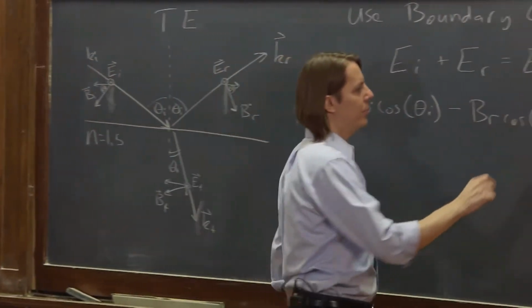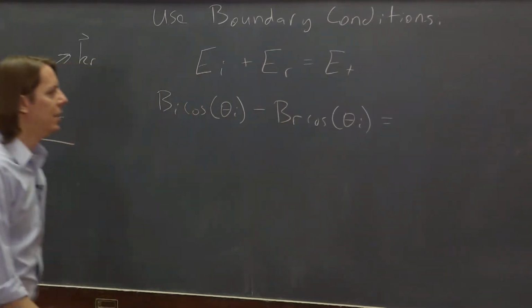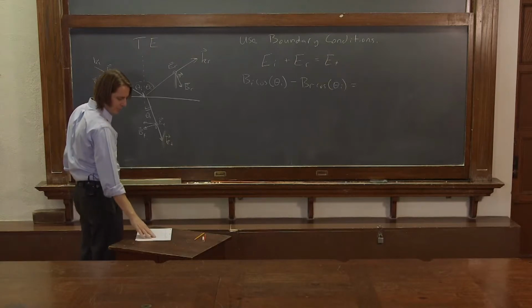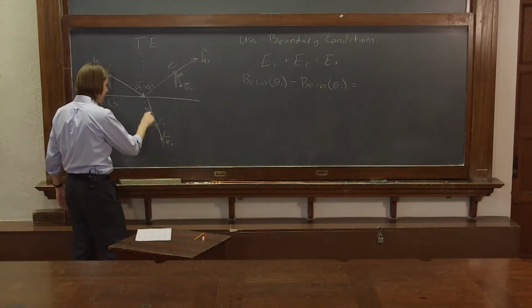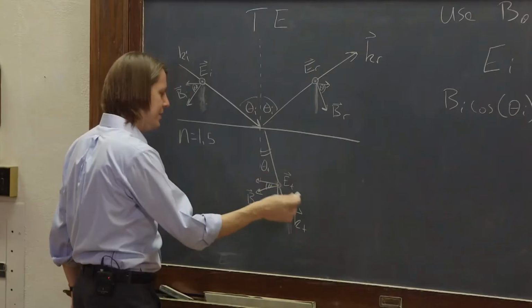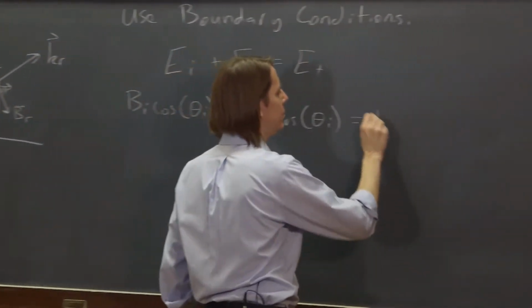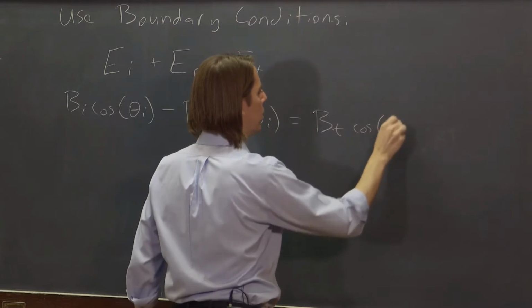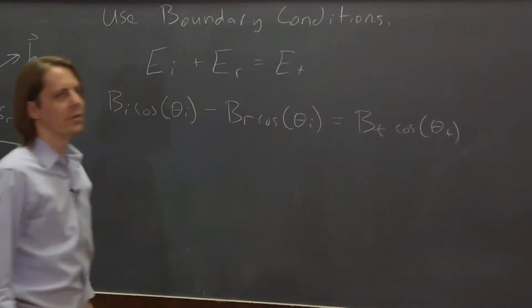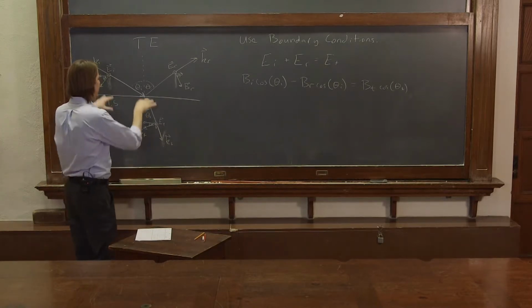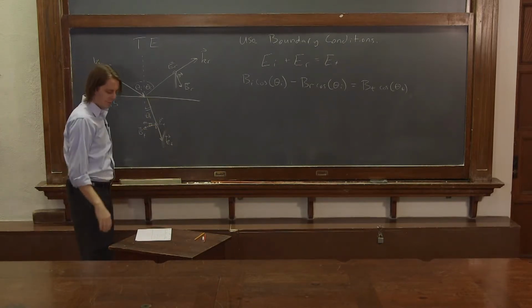All right, so on this side, this one we can see points in what we're calling the positive direction, and ultimately this theta t is this theta t, so it's cosine theta t. So it's the transmitted B amplitude cosine theta t. And again, no vectors, because now it's essentially a one-dimensional problem. The E fields are this way, the B fields are this way.